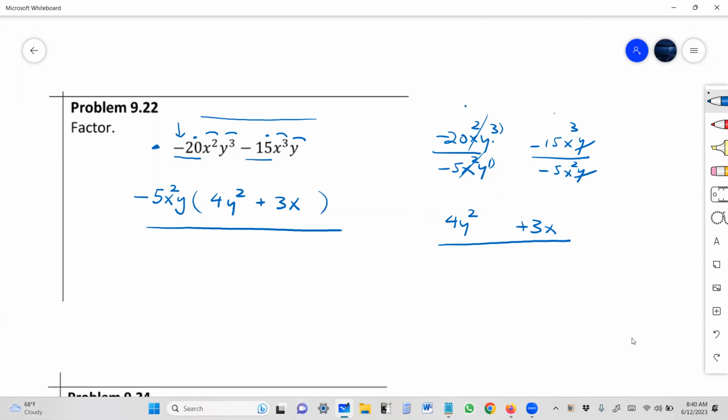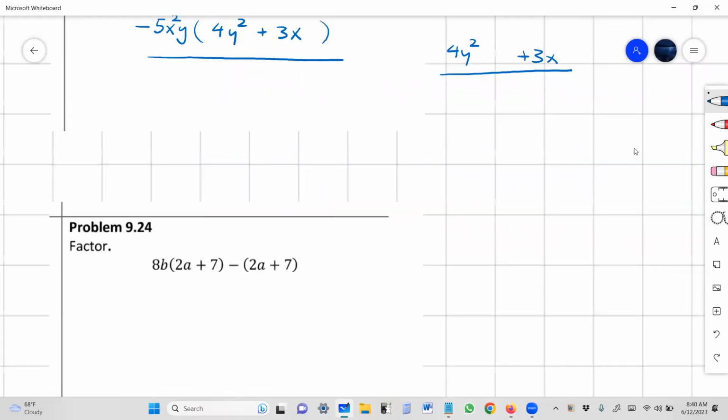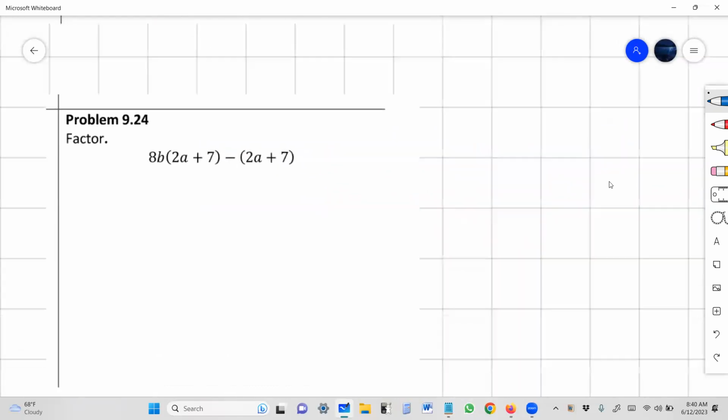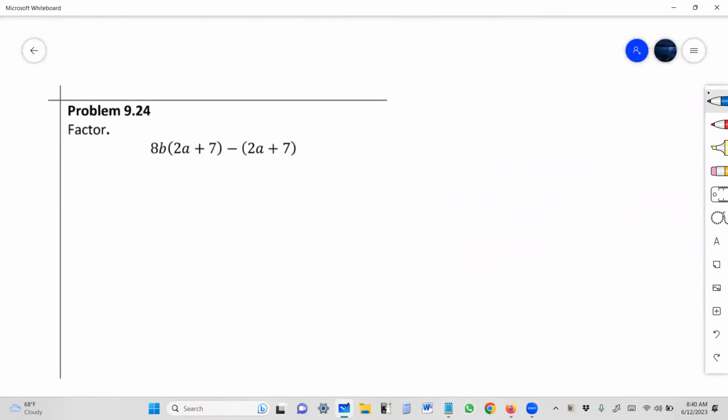Okay, let's see the last example. This is the case where you might have a binomial factor. Notice, I have two expressions, this one and this one. There's an invisible 1 here.